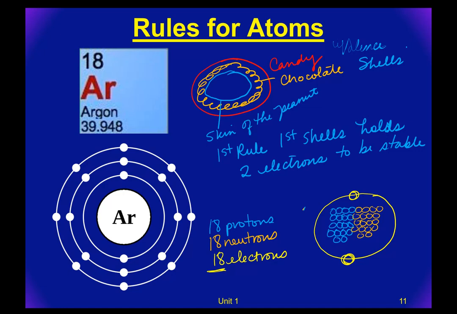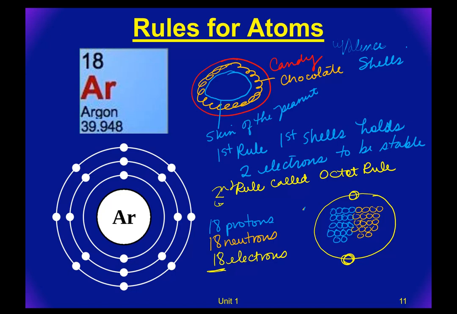So let's talk about the second rule, which is actually second and third. The second rule is called the octet rule. Okay? Octet, what do you think of? 8.